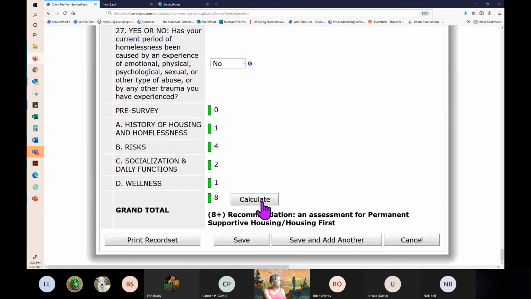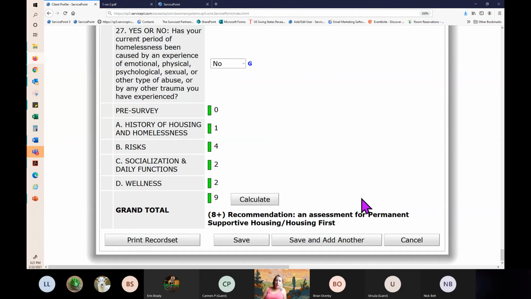From here, what this does down here is we calculate it, and based on the client's total score, this is how we're going to appropriately assess the client and connect them to the right intervention.